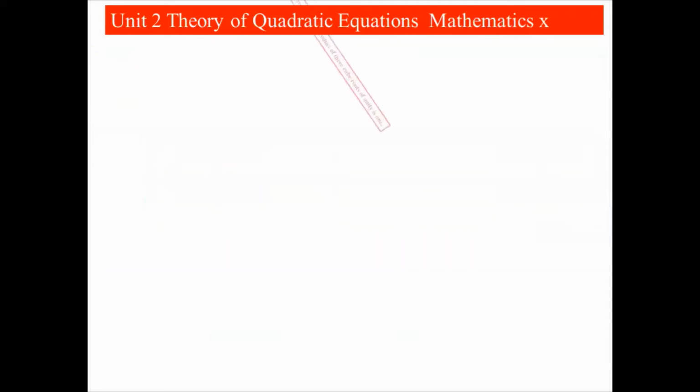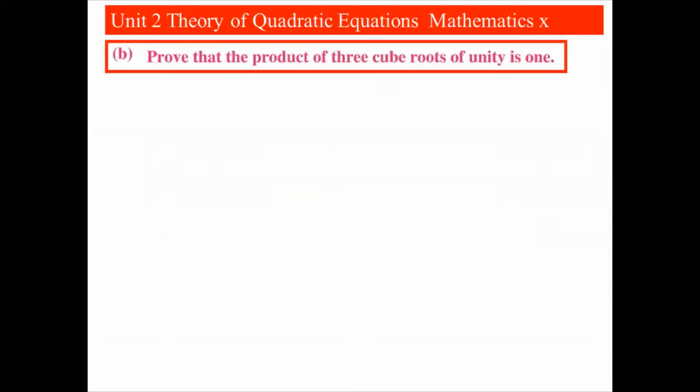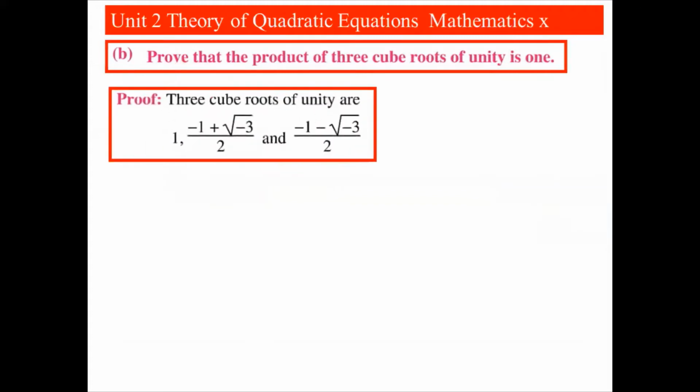Next property, prove that the product of three cube roots of unity is 1. So the three cube roots of unity are 1, minus 1 plus square root of minus 3 divided by 2, and minus 1 minus square root of minus 3 divided by 2.